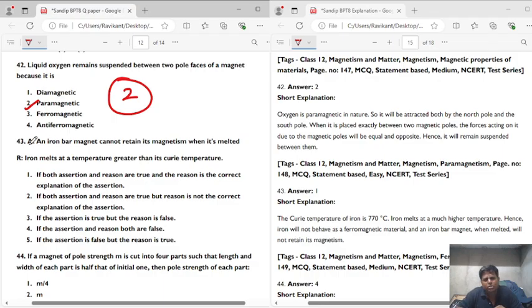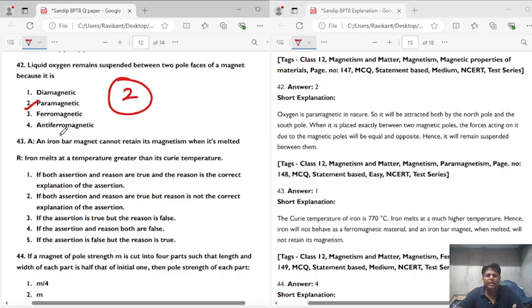Now let's get into question number 43. Question 43 says that an iron magnet cannot retain its magnetism when it is melted. Iron melts at a temperature greater than its Curie temperature. Yes, both the statements are correct, and it's the correct explanation because the melting point of iron is so high that it exceeds its Curie temperature, and once its Curie temperature has been exceeded, it cannot retain its magnetic property, right?